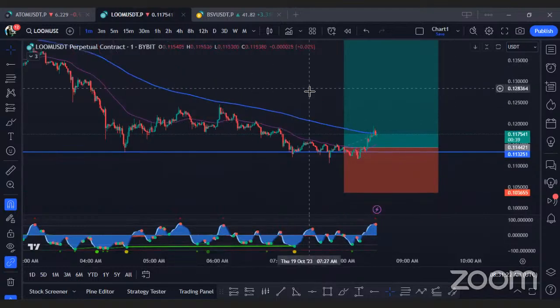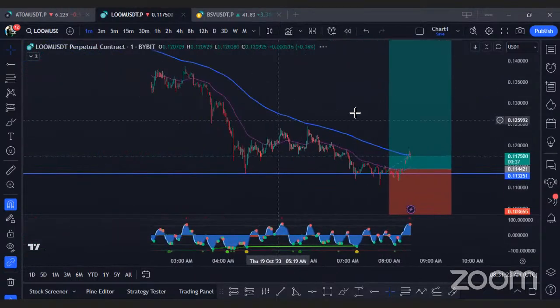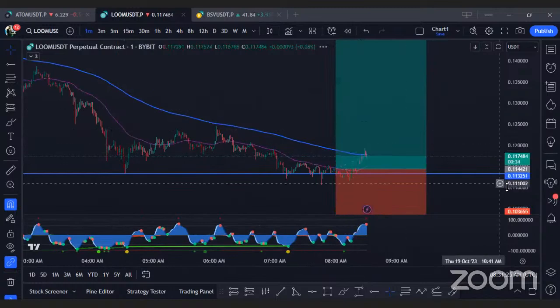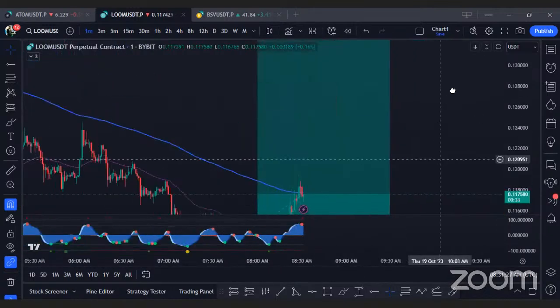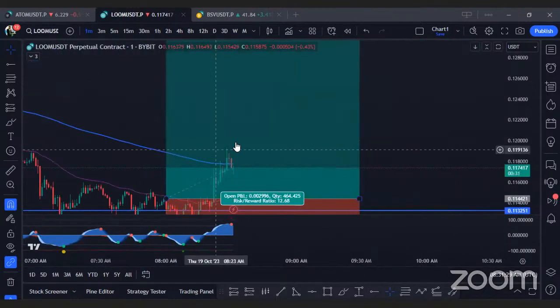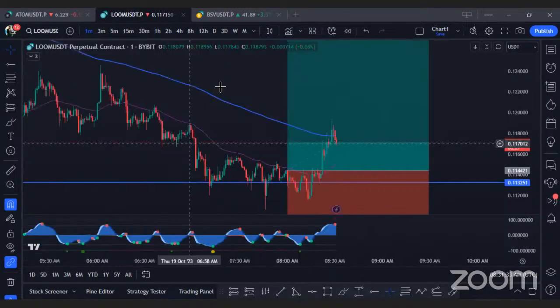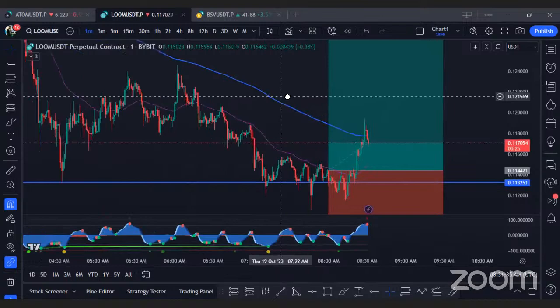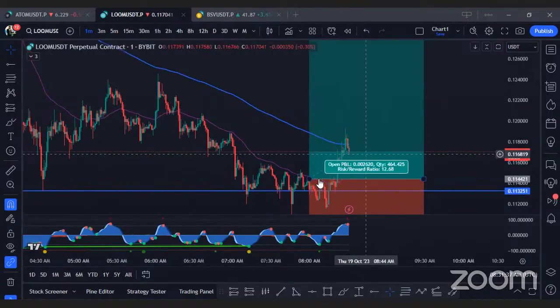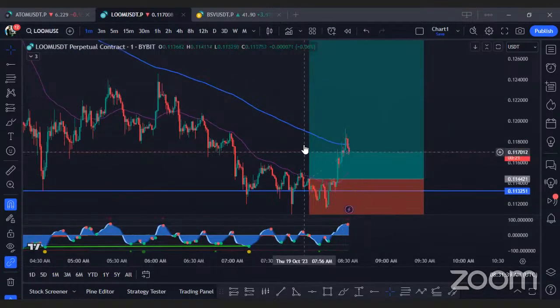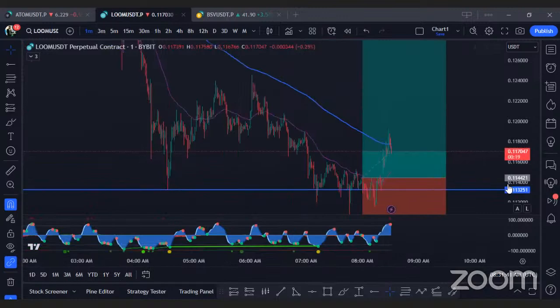But judging based on my indicator here, okay, we just need this 50 moving average line to cross above the 200, guys, because we are just below. So we are just respecting the 200 moving average, right? We came and got rejected at it. And then the 50 moving average, remember I'm on the 1 minute time frame, okay?